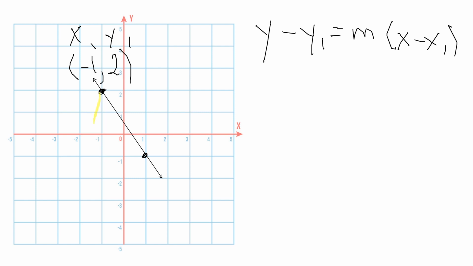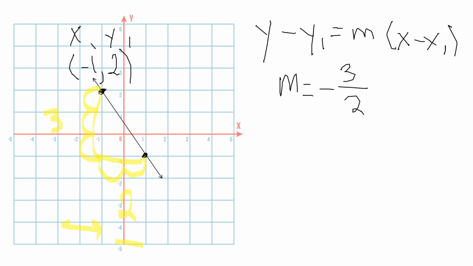And remember, to find our slope, we make a triangle, and then we just count how many places. So we go 1, 2, 3. Our rise is 3, and our run is 2. Reading it from left to right, the line is going down, so it's negative. So our slope is negative, rise over run.